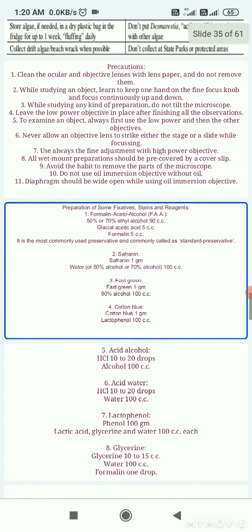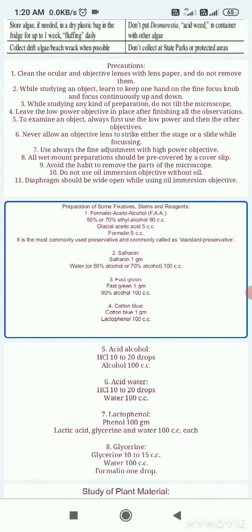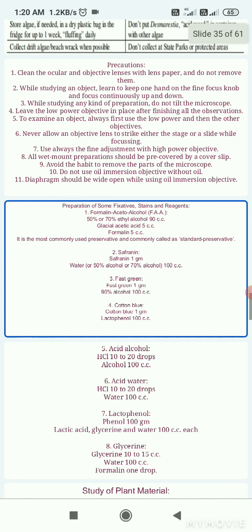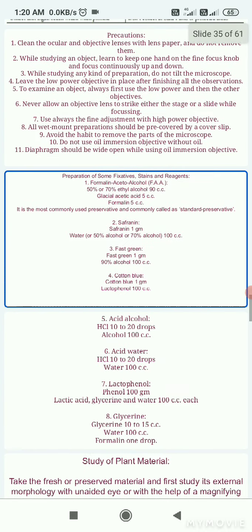Here are some different types of reagents which are used for slide making, that is formalin acetoalcohol, which is used as a preservative and commonly called a standard preservative for the preservation of an alga. Then safranin, which is a stain.